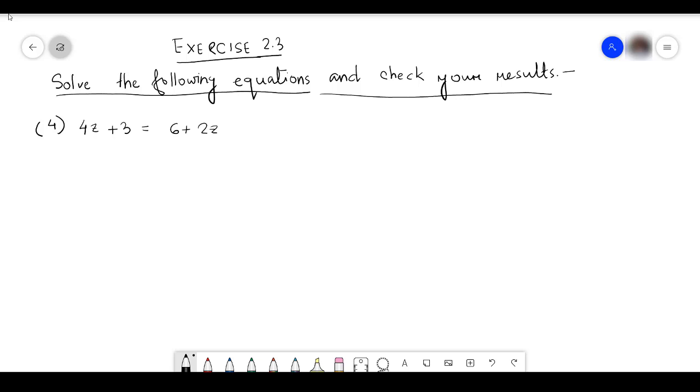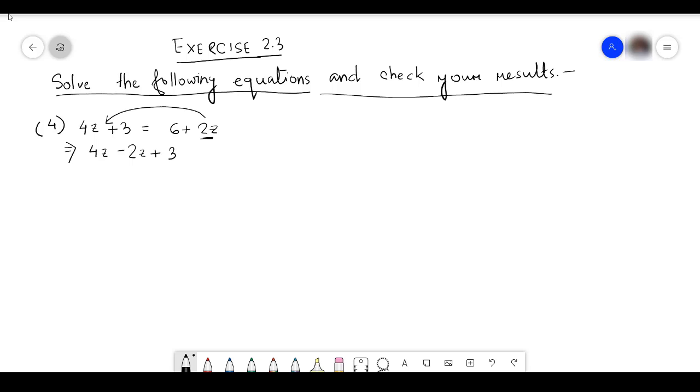While solving, let's put the equals sign first. We have to shift twice z to the opposite side. Initially twice z was positive on the right hand side. When it is shifted to the opposite side, its sign will change and it will turn negative. So 4z minus 2z plus 3.